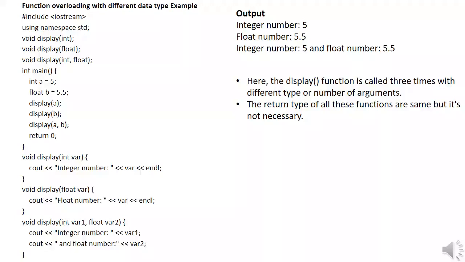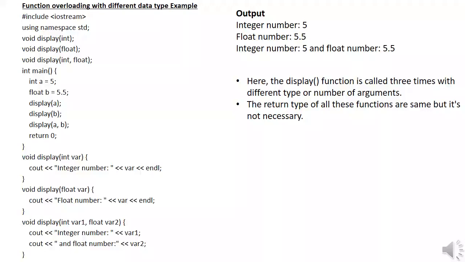You can clearly see that the display function is called three times with different types and numbers of arguments, but you will get the correct result without any confusion or contradiction. Why is this happening? This feature is called polymorphism. Whatever argument you are passing to that function, the corresponding function definition will execute.